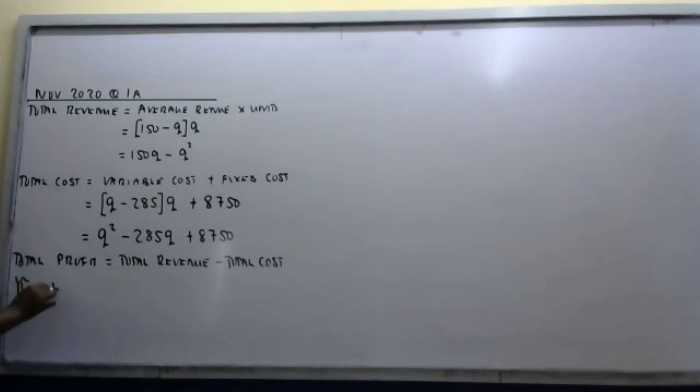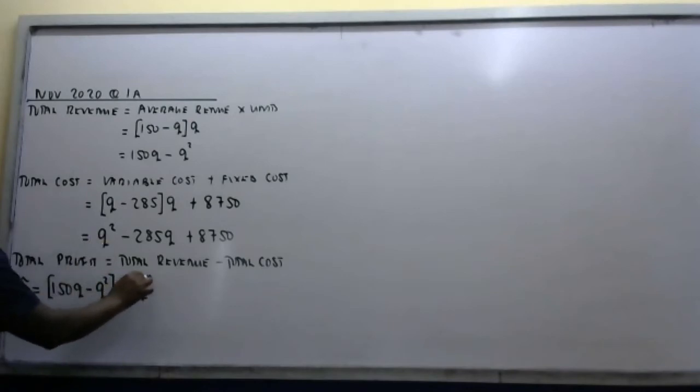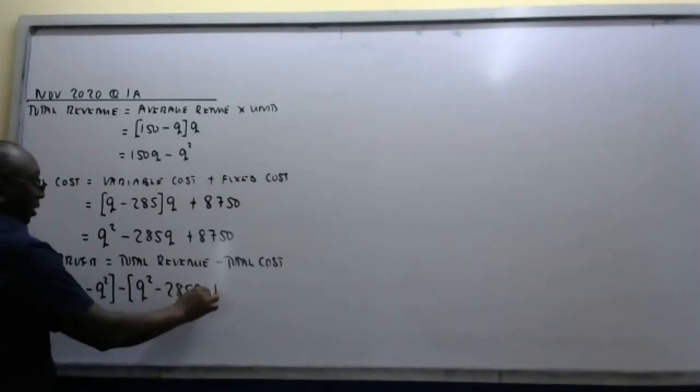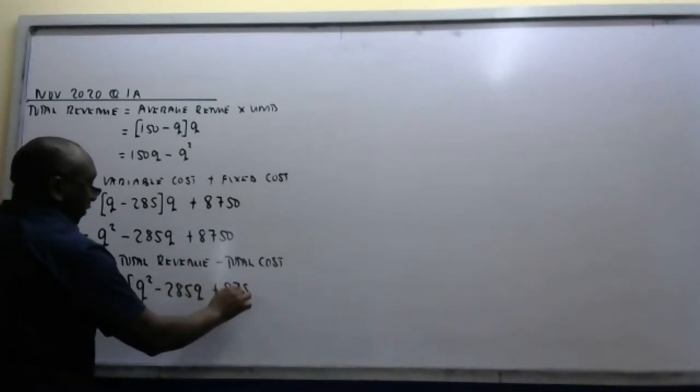So our revenue is 150Q minus Q squared, then you minus the cost, Q squared minus 285Q plus 8750.